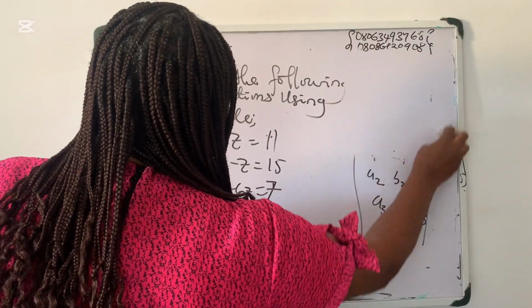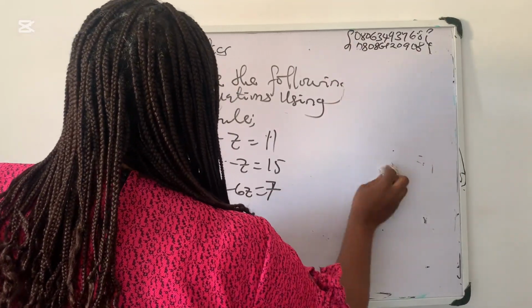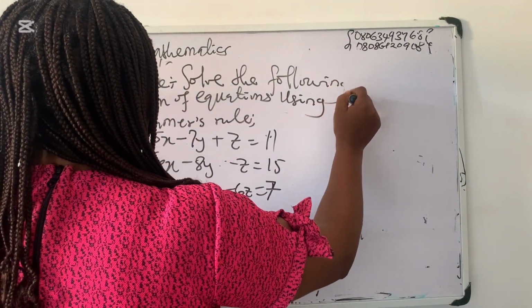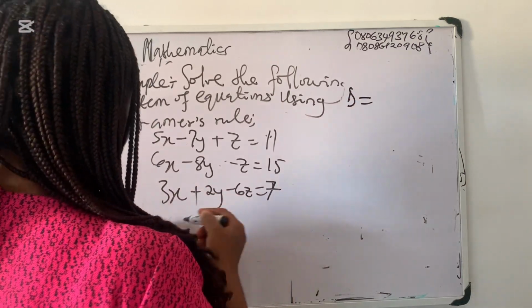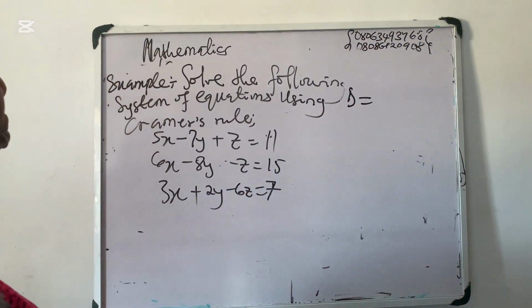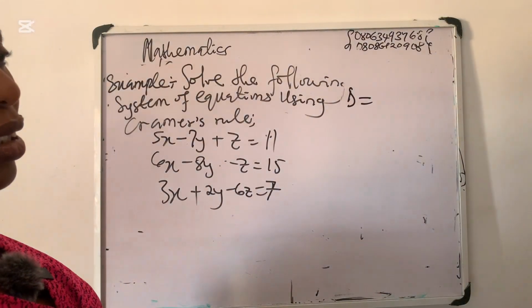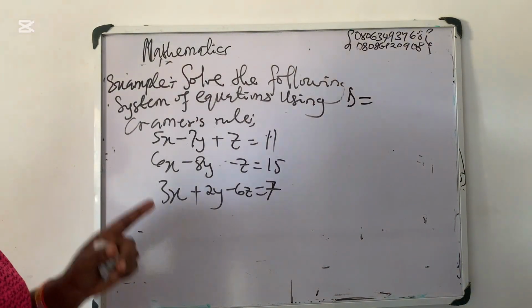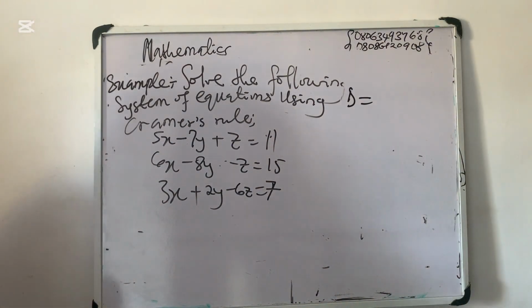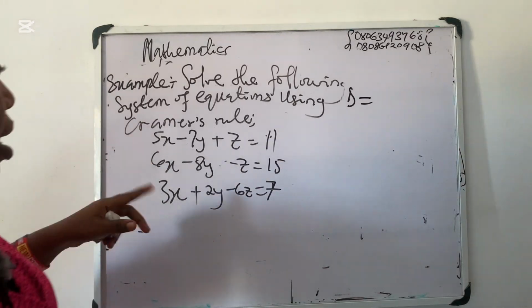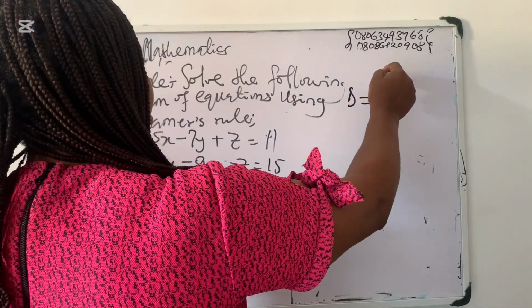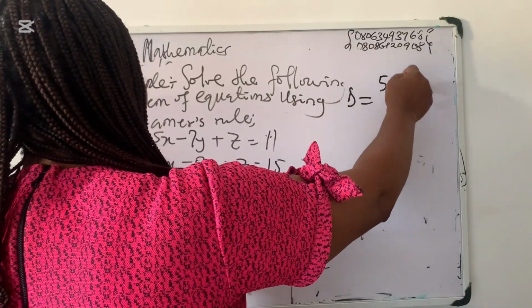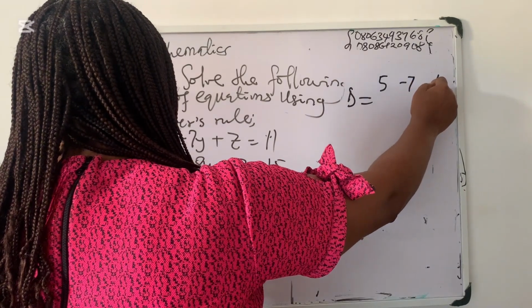We first get a value for our D. D equals, remember from the structure I gave you, A1, B1, C1, A2, B2, C2, A3, B3, and C3. Now coming to these equations, our A1 here is 5. Our B1 is minus 7. Our C1 is 1.